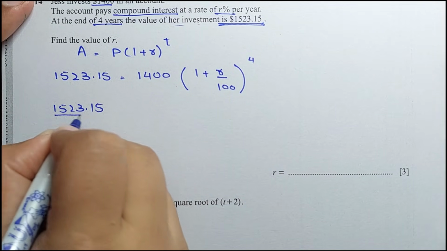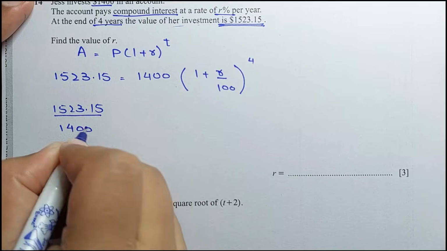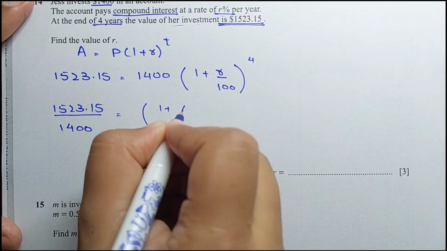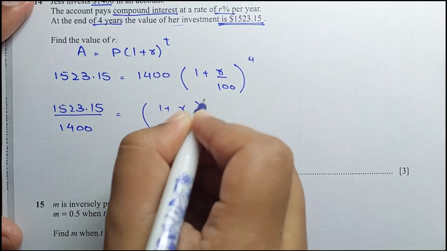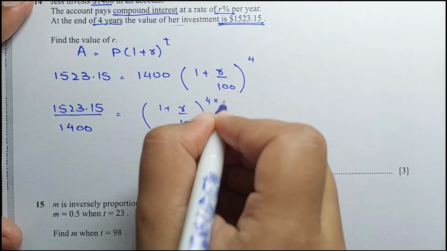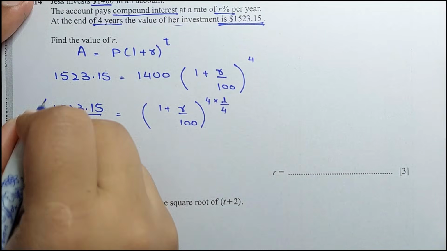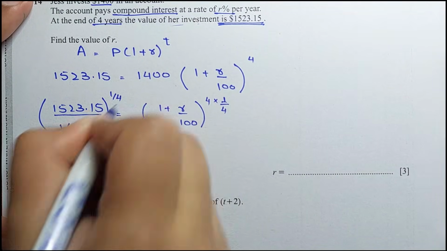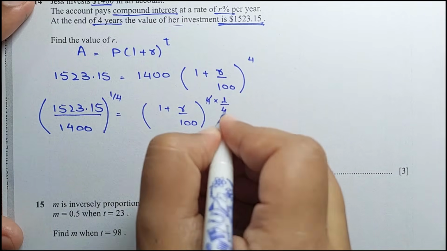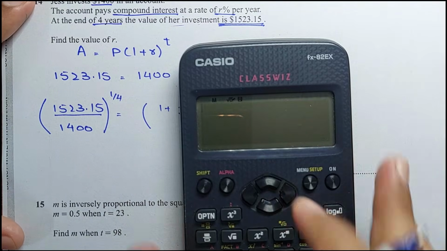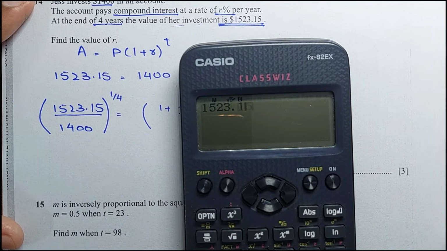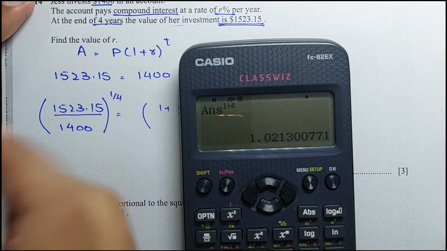1523.15 divided by 1,400 equals 1 plus R over 100 to the power 4. Right? So taking the power 1 by 4 on both sides, this is cancelled out. Let me simplify. 1523.15 divided by 1,400 and take its power of 1 by 4.